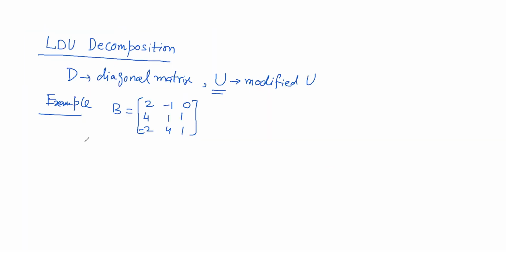So its lower triangular matrix, as we did before, was this: 1, 0, 0, 2, 1, 0, and -1, 1, 1.